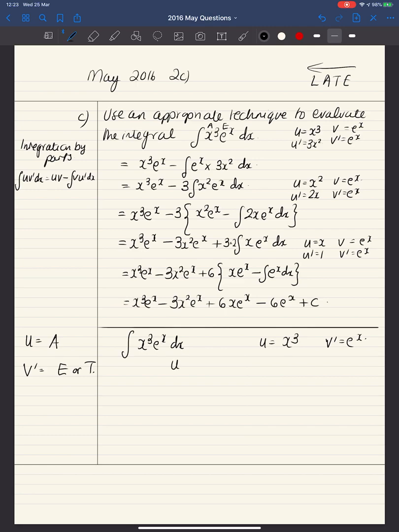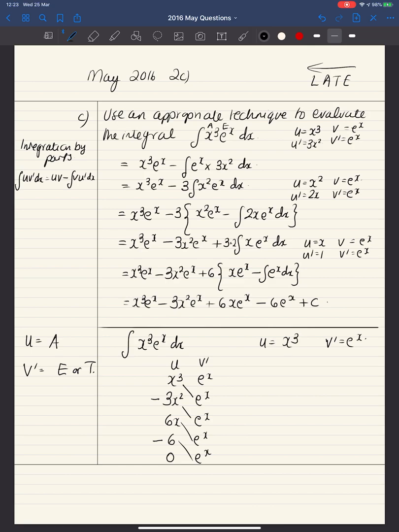So we say that u is x cubed, v dashed is e to the x. And what we do is we differentiate the u down to 0. And then we integrate the v up to the point where it's next to the 0. And then every second one gets multiplied by a minus on the u side. And then we do that one, that one, that one, and that one.